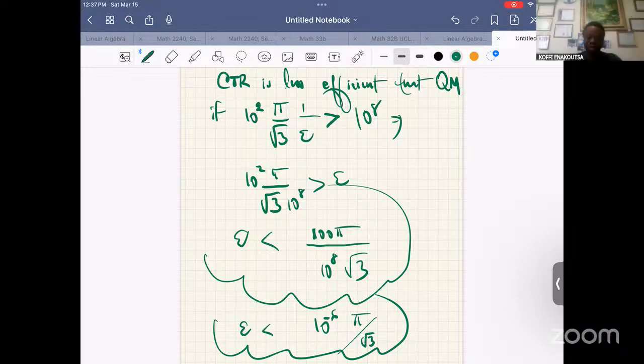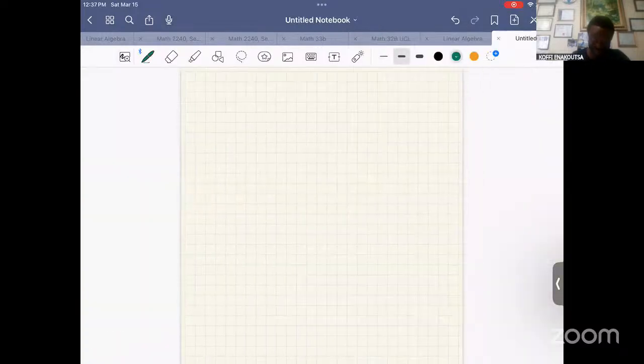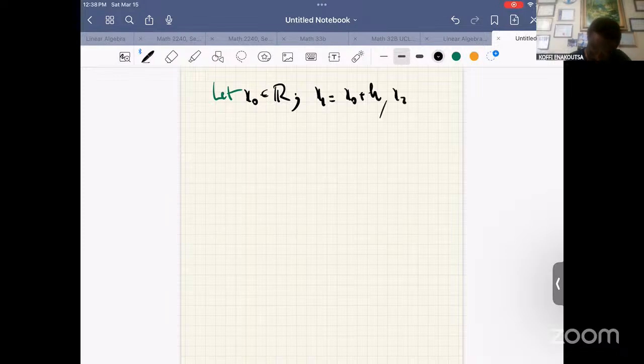Okay, so let's continue. In the next assignment, we are going to consider x0, that is a real number, and then x1, that is x0 plus h, and then x2, which is x0 plus 2h, for some h which is positive.